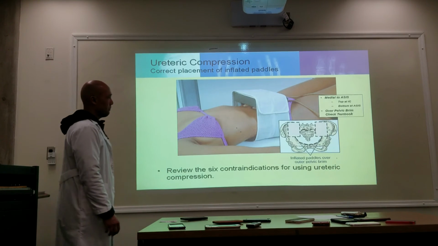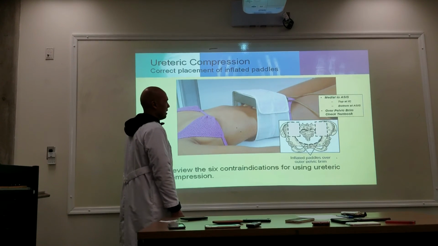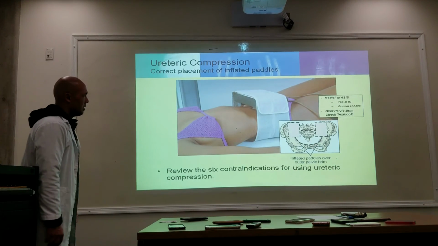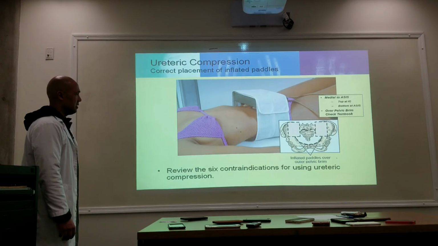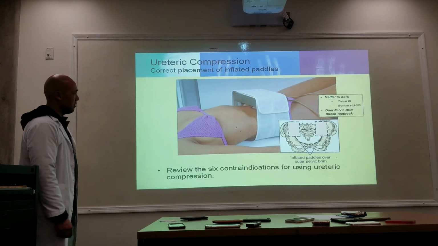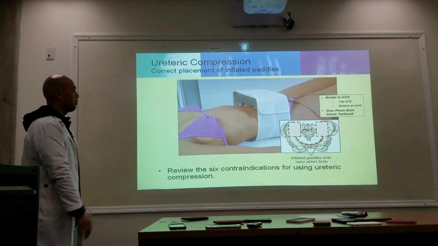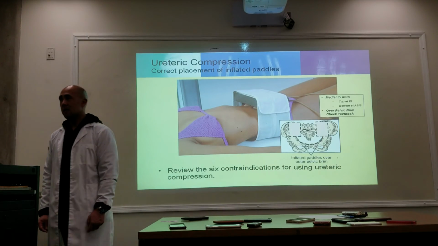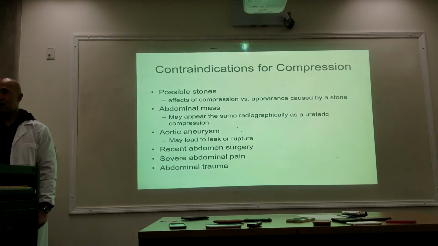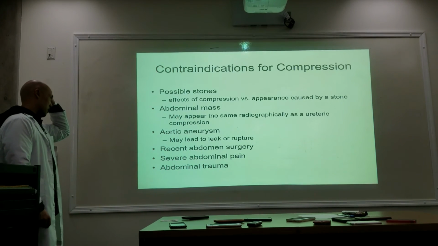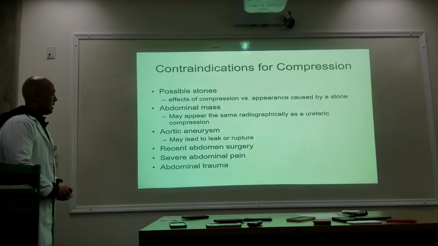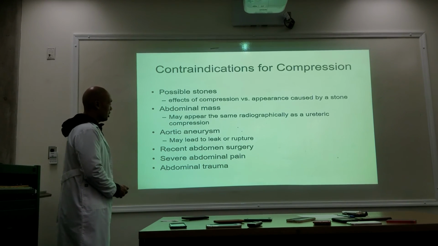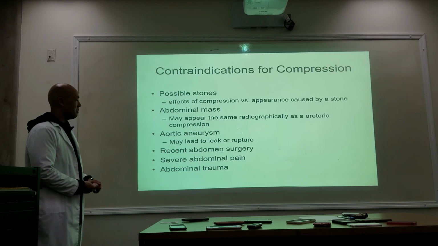The way you would apply it is that the top is at the iliac crest, over the pelvic brim. The bottom is around the level of the ASIS, and you inflate the paddles over the area until it is compressed. Now there are contraindications for the compression paddle, as listed: possible stones, abdominal mass, aortic aneurysms, recent abdominal surgery, severe abdominal pain, and abdominal trauma.